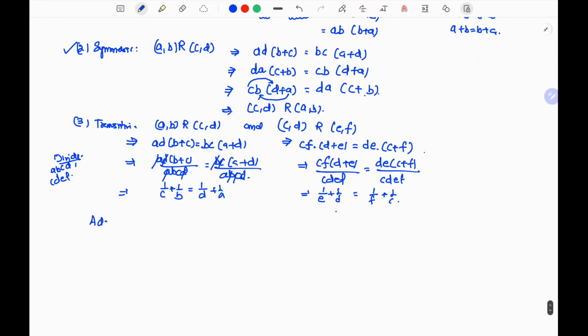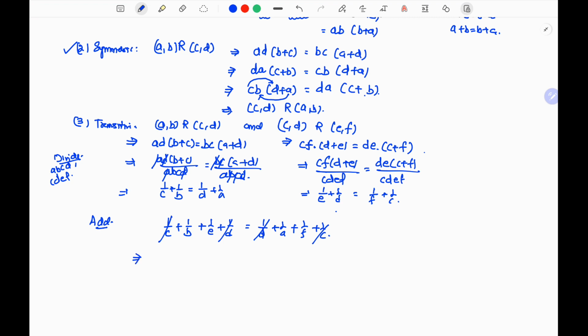So adding, we will have 1 by C plus 1 by B plus 1 by E plus 1 by D. We add left hand sides, and right hand side with right hand side we will have 1 by D plus 1 by A plus 1 by F plus 1 by C. This 1 by C gets cancelled, and also 1 by D gets cancelled.